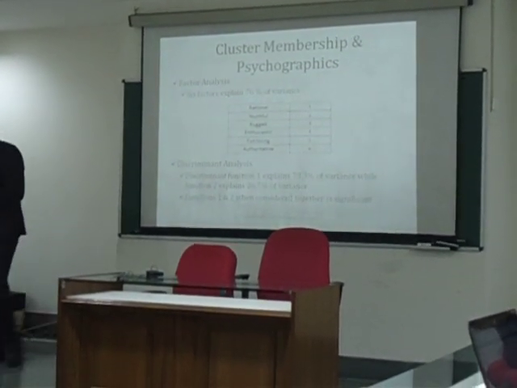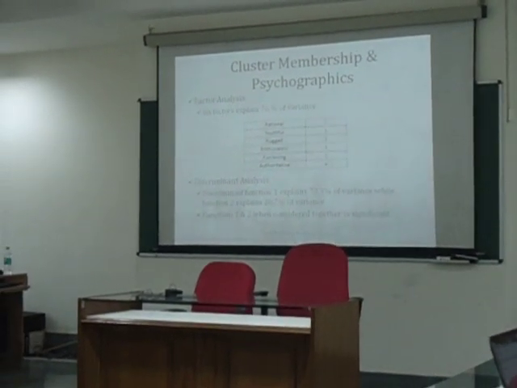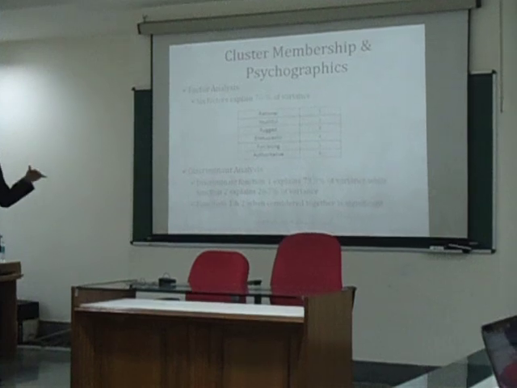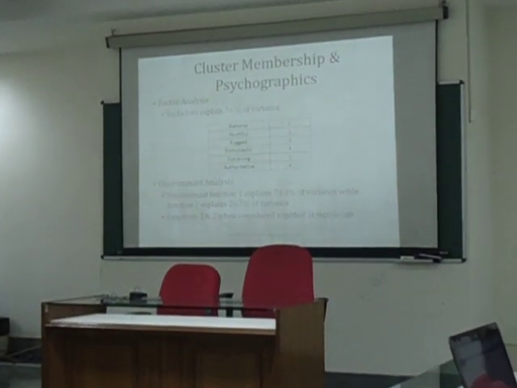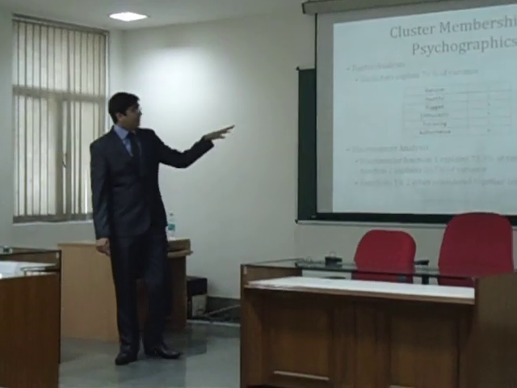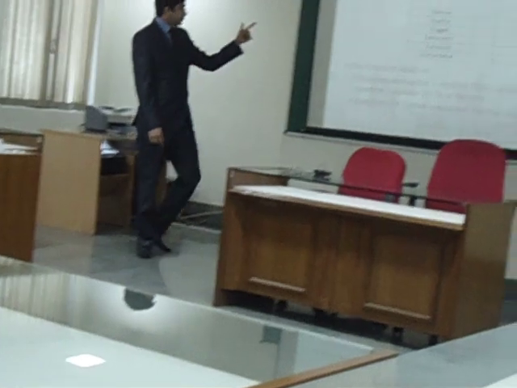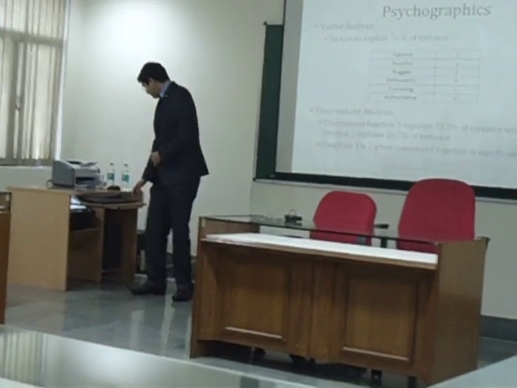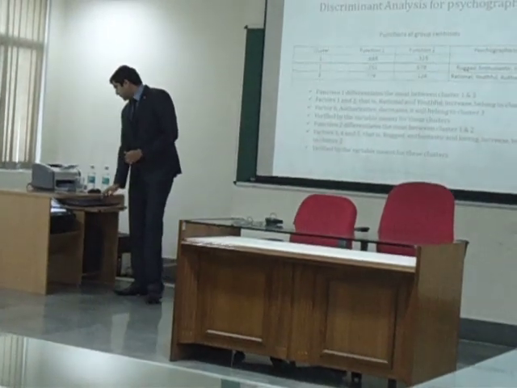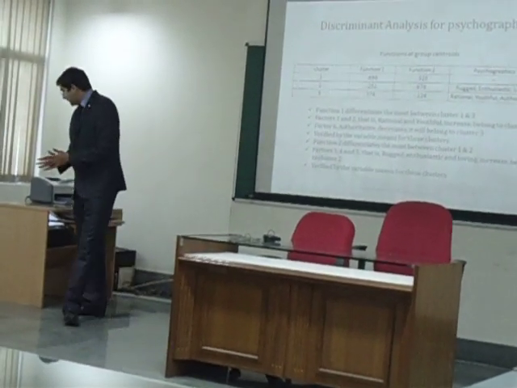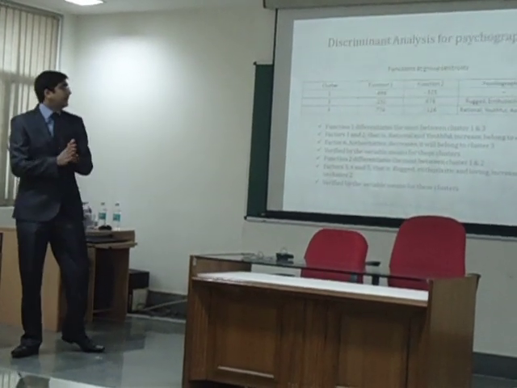Then we also did cross tabulation between cluster membership and psychographics. We used around 18 factors for psychographics, and we used factor analysis, and 6 factors explained around 76% of the variance. These 6 factors are listed here, and then we used discriminant analysis to find which cluster has which psychographic characteristics.